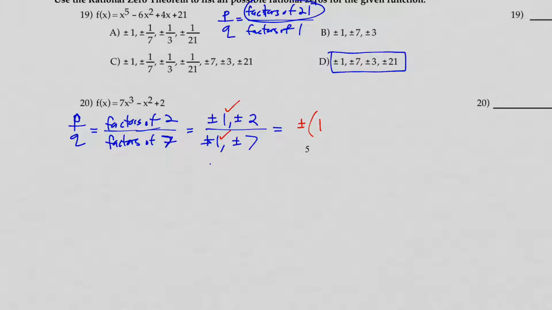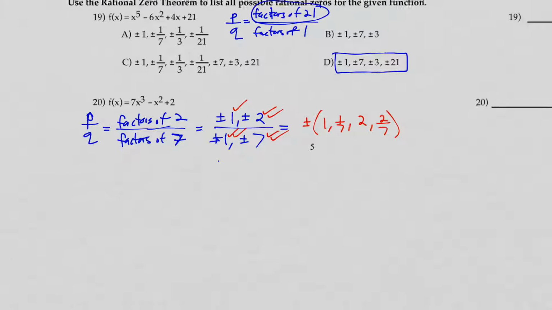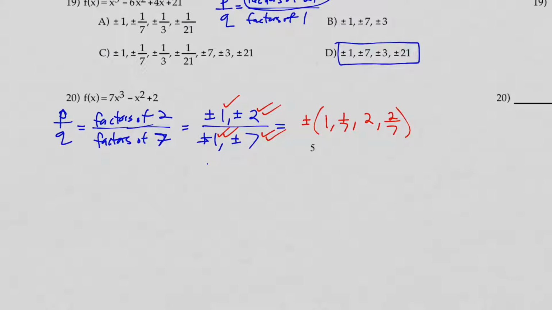And then 1 divided by 7 is 1/7. 2 divided by 1 is going to be 2. And 2 divided by 7 is going to be 2 sevenths. They don't have to be in the same order, but those are basically your possible rational zeros.